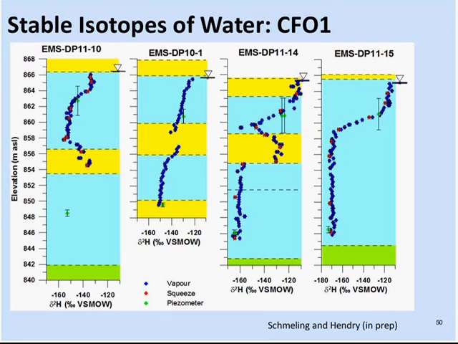Now, the other really interesting one is the one that's second from the right, called EMS DP1114. If you look at that, you see the monitoring wells again, top and bottom. You have modern water and so on. But look at the bottom of the second yellow aquifer. All of a sudden, you see this massive, complete break in the isotopic composition going from about -130 to -170, and there is no interface.